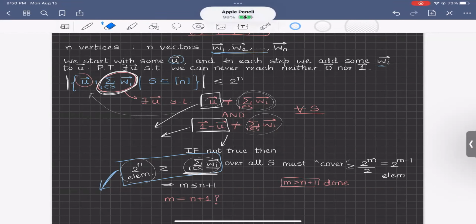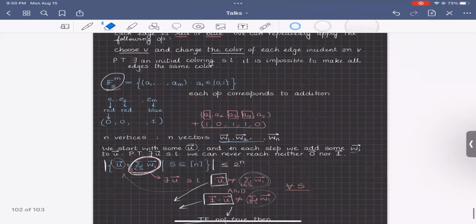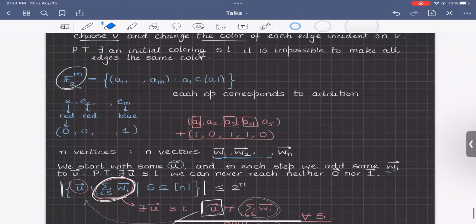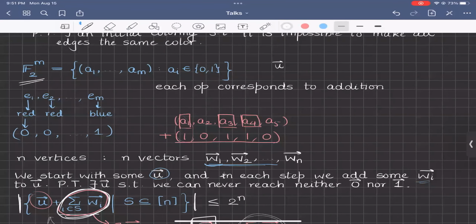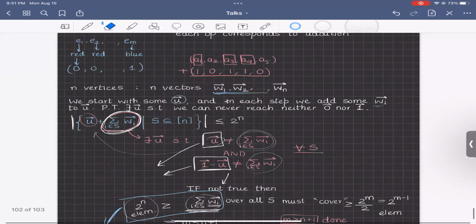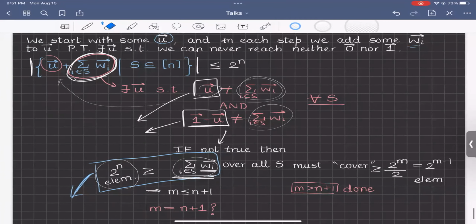So we can divide the set of all 2 to the m vectors in F_2 to the m into 2 to the m minus 1 pairs, right? Where u gets paired up with 1 minus u. And I'm saying that for each pair, one of these must be representable as a summation of wi. Right. And so at least 2 to the m minus 1 vectors must be representable as a summation of wi. Yeah, got it.